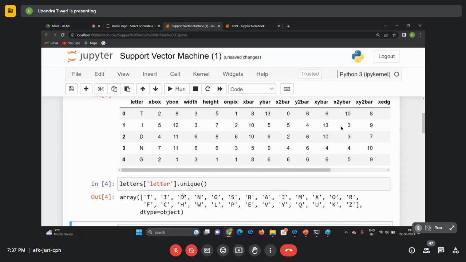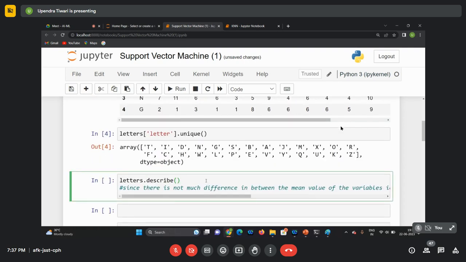It means it's a 26-class classification. So now you can understand what it will do. It will first convert them into pairs of 2, and after that, it will do classification.